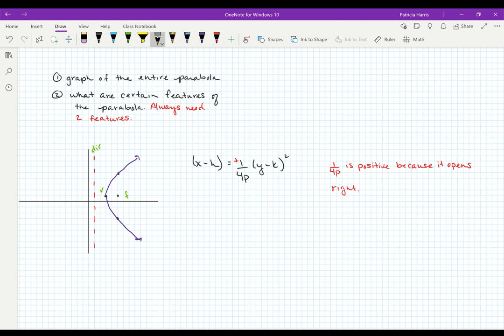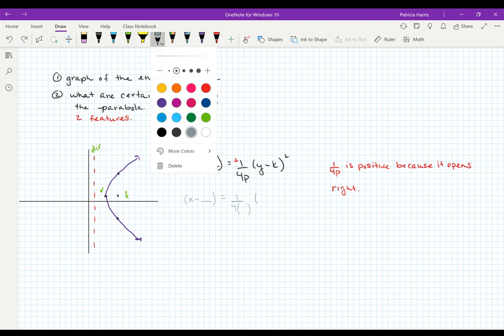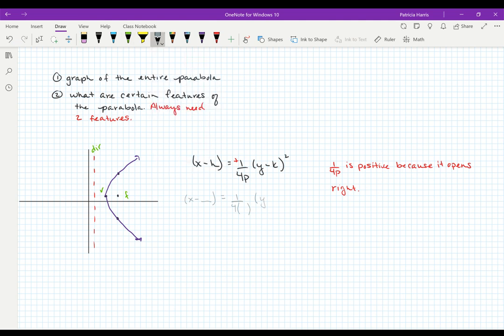So we're actually going to do, that should be a y. So 3, 1.